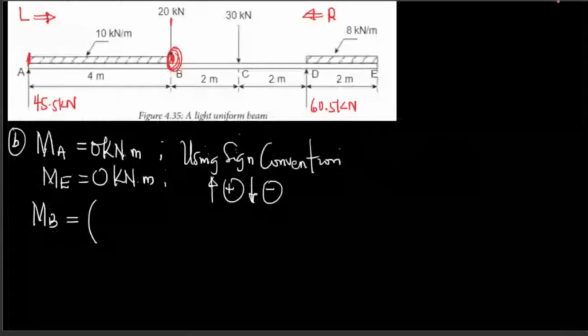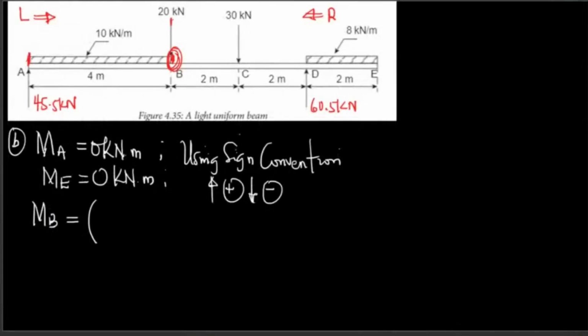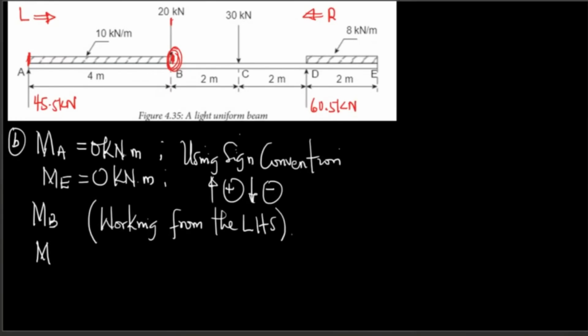So this is where you draw the beam and then you indicate the supports there. Okay, now all the forces are there. So I'm going to be working from the left hand side. So the bending moment about B.